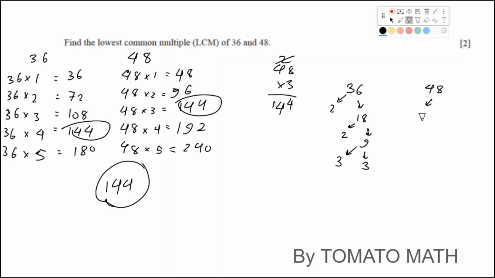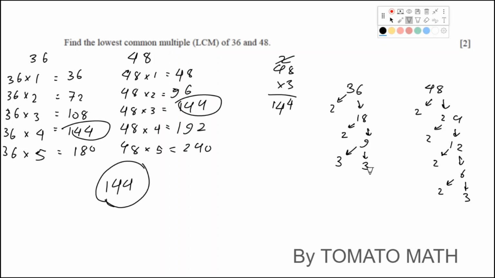Then do the same again: 48 divided by 2 will be 24. 24 divided by 2 will be 12. Do that again to get 6, and then 6 divided by 2 is 3.